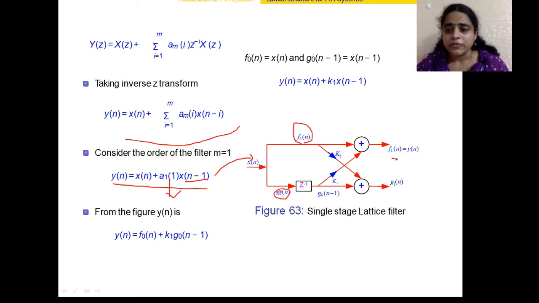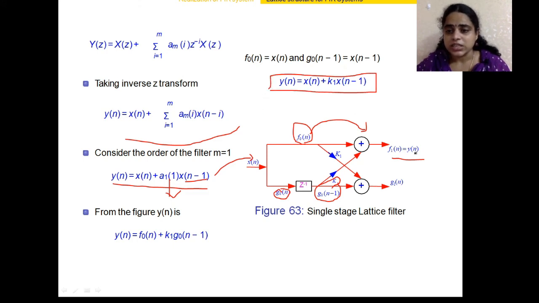So finally f1(n) is equal to, what will be the output here? The f0(n) will come here, and k1 into g0(n-1) will also come here. They both have to get added. So f1(n) = f0(n) + k1 g0(n-1), which is nothing but this form.